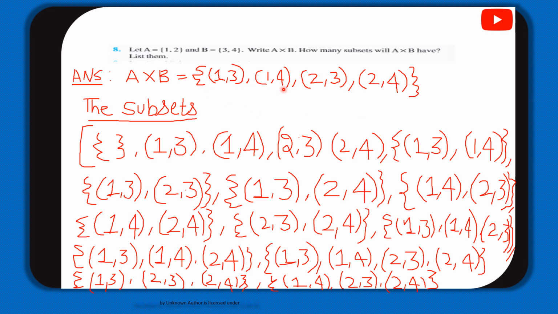Then {(1,3), (1,4)}, {(1,3), (2,3)}, {(1,3), (2,4)}, {(1,4), (2,3)}, {(1,4), (2,4)}, {(2,3), (2,4)}, {(1,3), (1,4), (2,3)}, {(1,3), (1,4), (2,4)}, {(1,3), (2,3), (2,4)}, {(1,4), (2,3), (2,4)}, and the last one, {(1,3), (1,4), (2,3), (2,4)}.